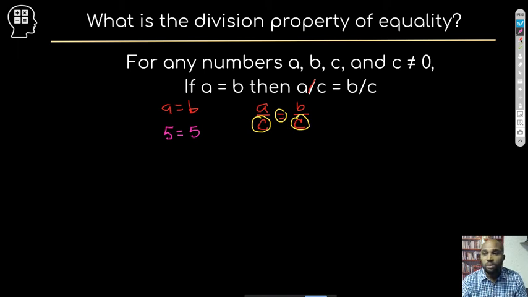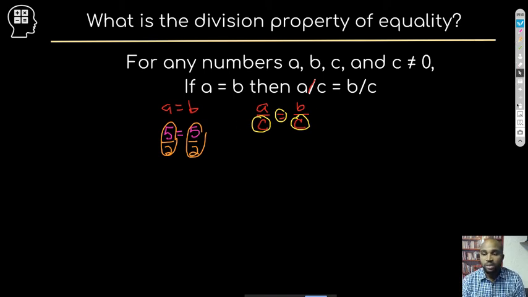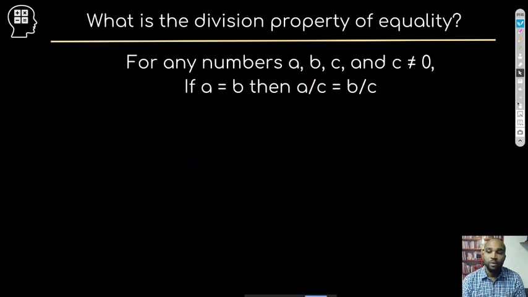It should still be equal. So let's divide this side by 2, and this side by 2. When I do that, both sides are still the same, 5 over 2 and 5 over 2. As a decimal, that's 2.5 and 2.5. So nothing changed. I just did the exact same thing on both sides. That's the division property of equality. It just says whatever you do on the left side, you need to do on the right side, and it keeps the value true.